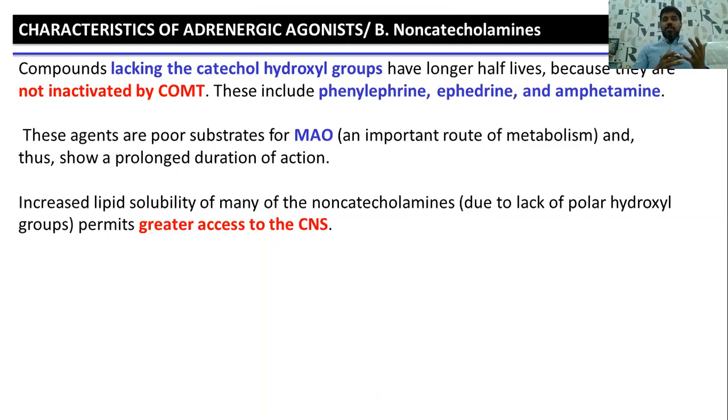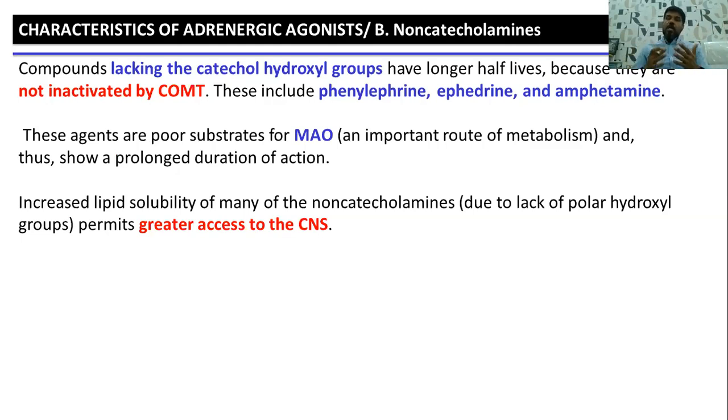So these medications are not inactivated by catechol-O-methyltransferase. These medications include phenylephrine, ephedrine, and amphetamine. And again, these medications are a poor substrate for monoamine oxidase. Now we can expect these medications have a longer duration of action compared to catecholamines.